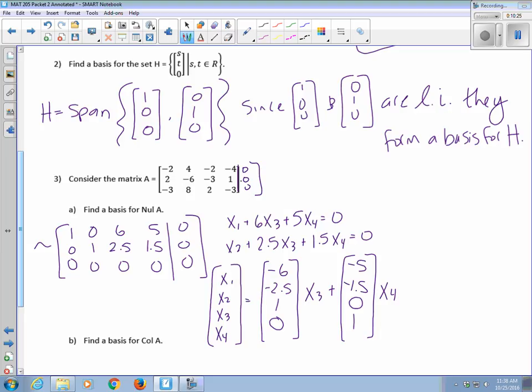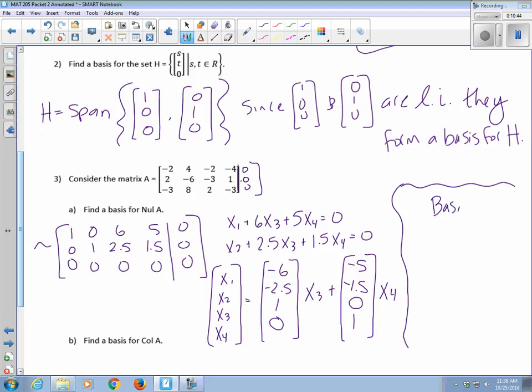So those two vectors that I just wrote down, they are a spanning set. Their span gives me the entire null space. It will always also be linearly independent. So we write the answer over here.